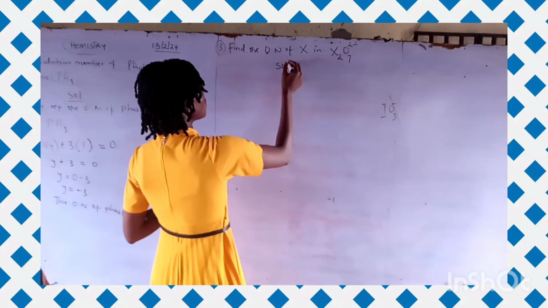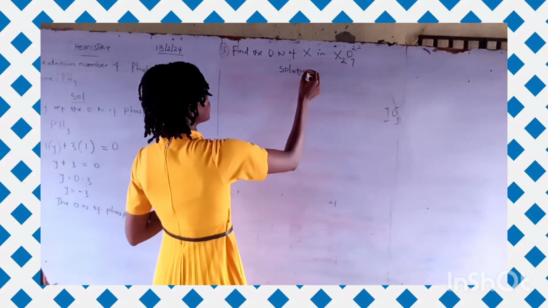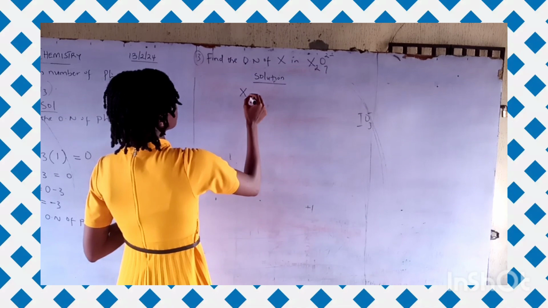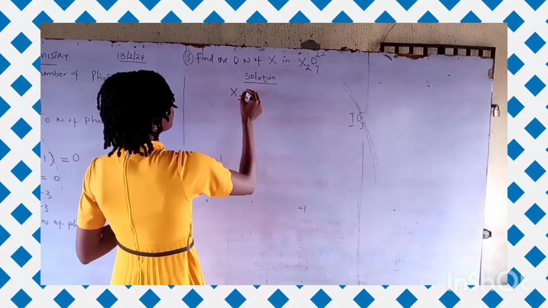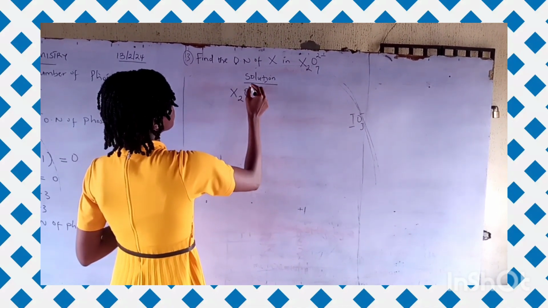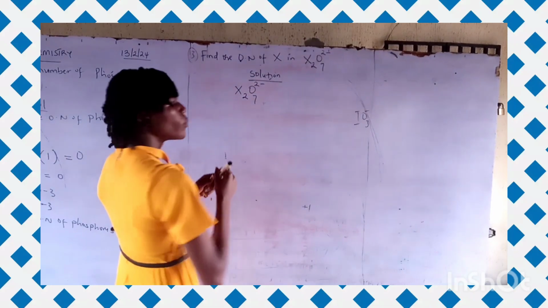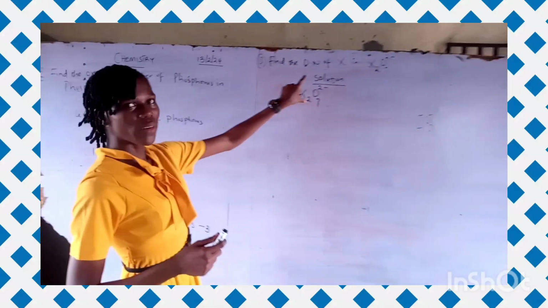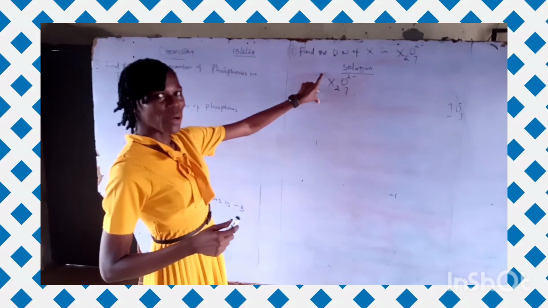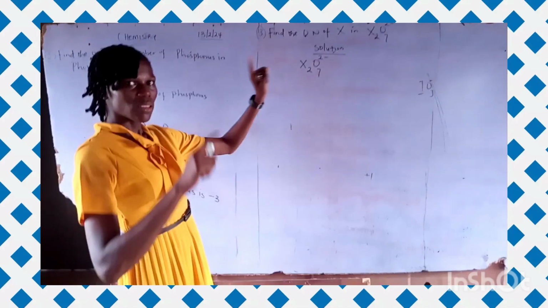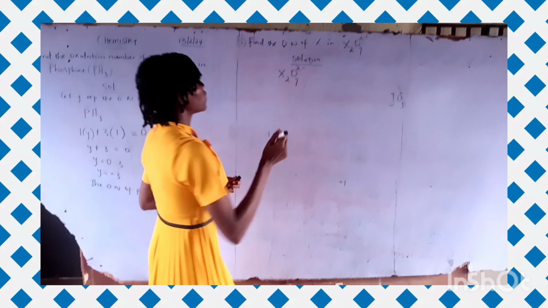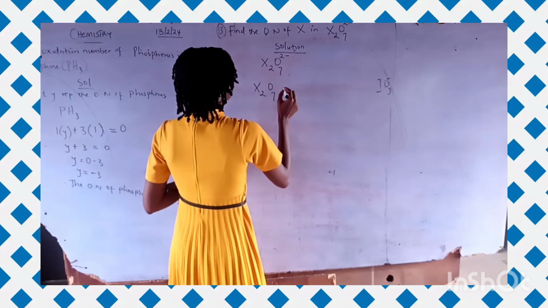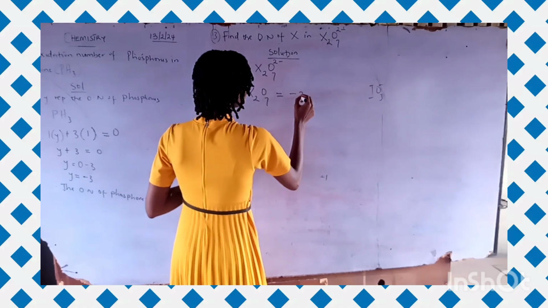So, solution. We have X2O7 2 minus. And from our rule, whenever we have a radical, the sum for the compound is equal to the charge of the radical. So X2O7 is equal to minus 2.